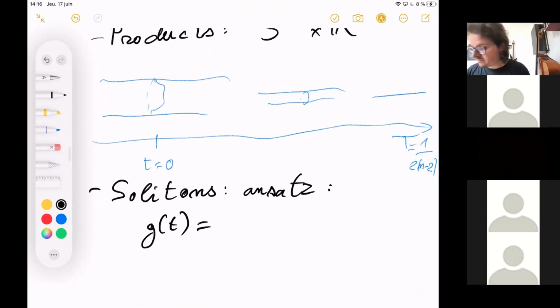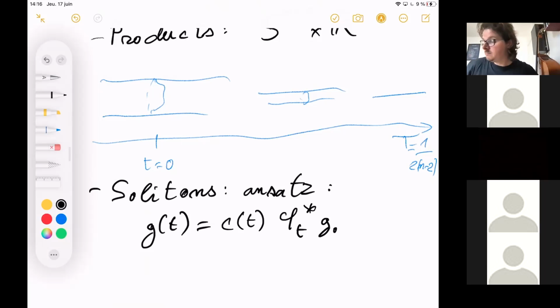Our metric g of t is of the form c of t, a scaling factor, times the pullback by a one parameter family of diffeomorphisms of some metric. Basically the metric seems to move, but actually it's just moving by scaling and a change of coordinates. Up to scaling, the geometry doesn't change. Just if you're looking in a fixed coordinate chart, you're looking in the wrong coordinate chart.